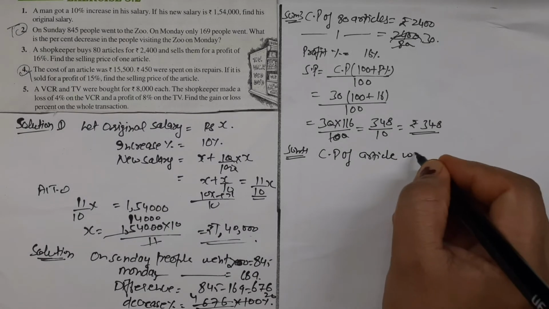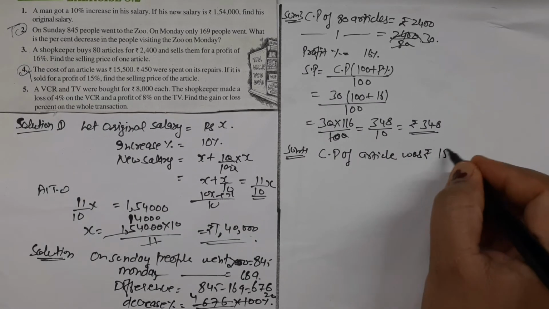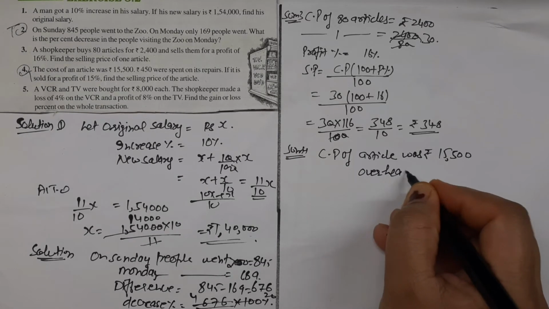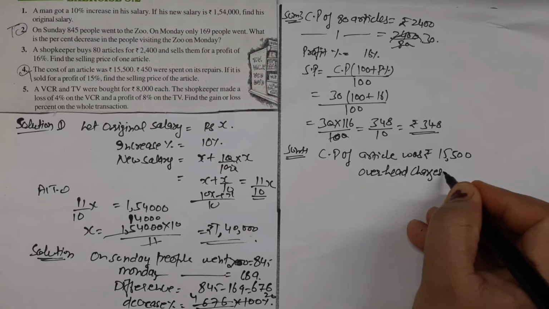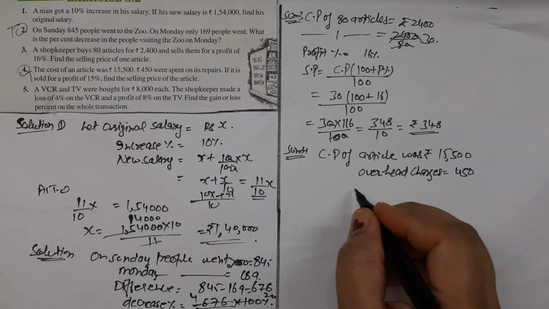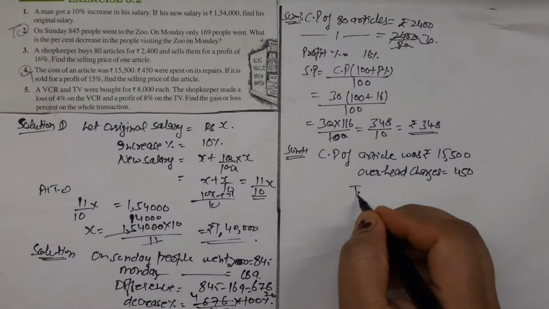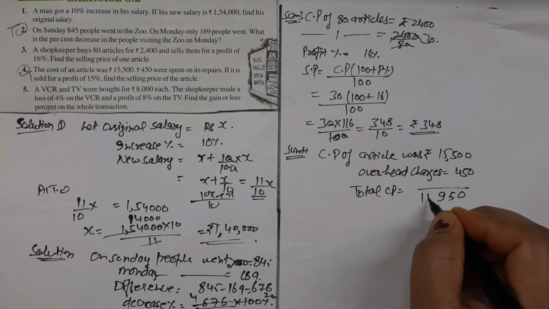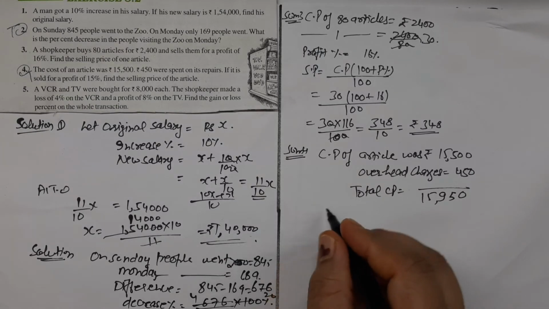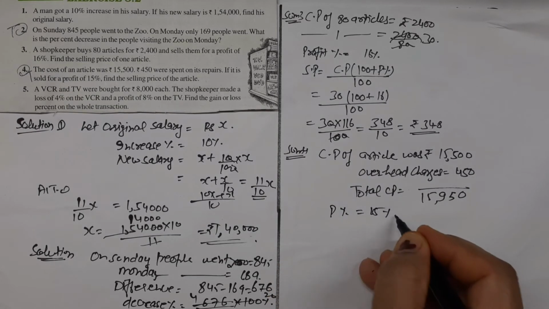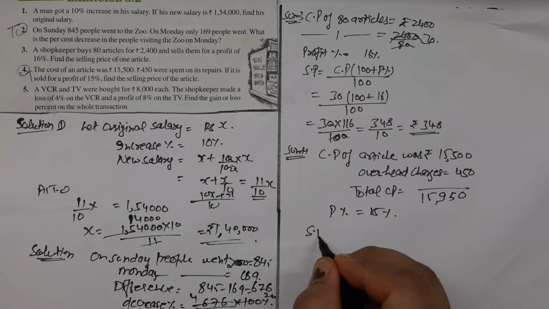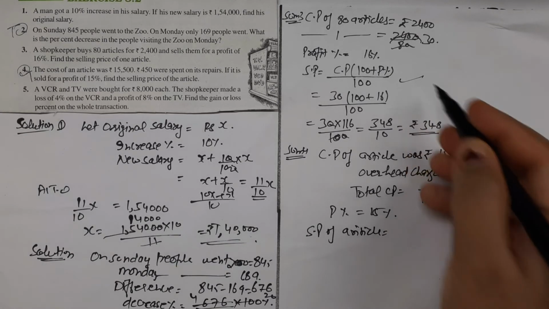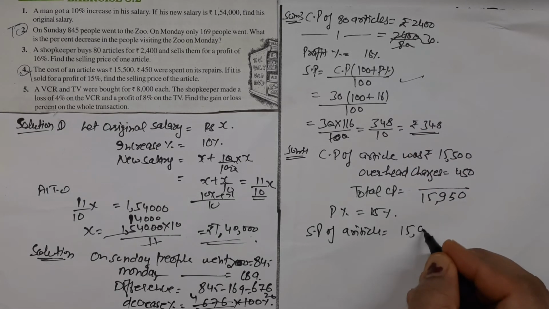Formulas we already discussed in the previous videos. Overhead charges, total CP: add these two. Profit percent. Now selling price of article. Same formula we will apply. Now I am going to put the values.